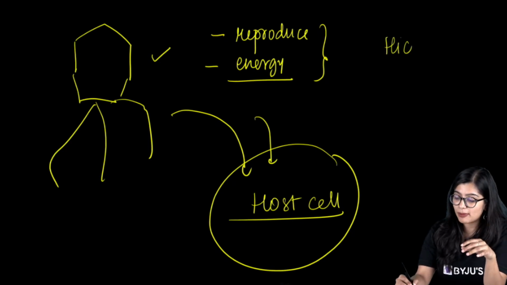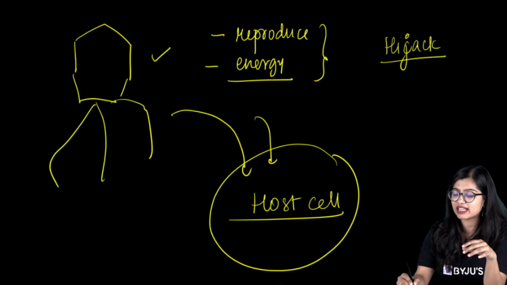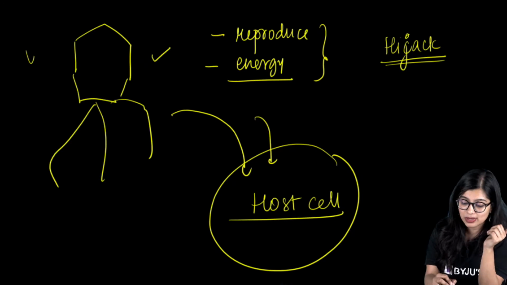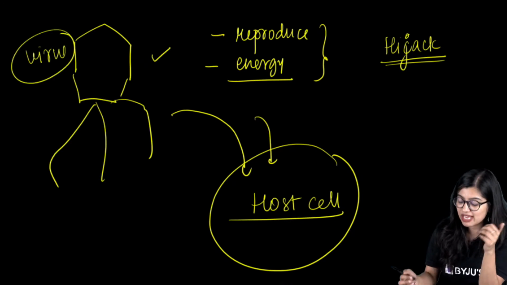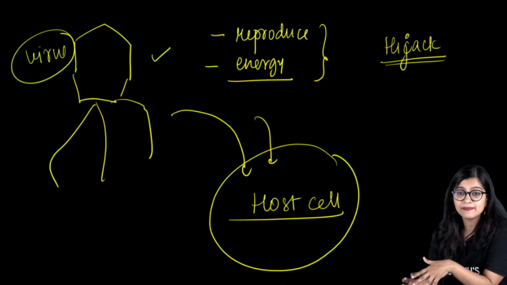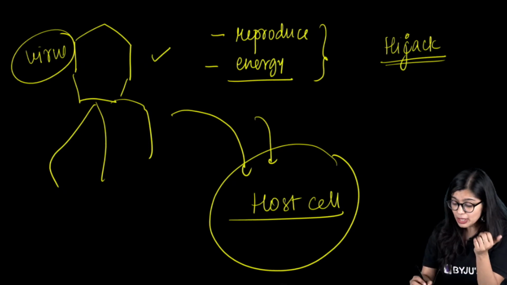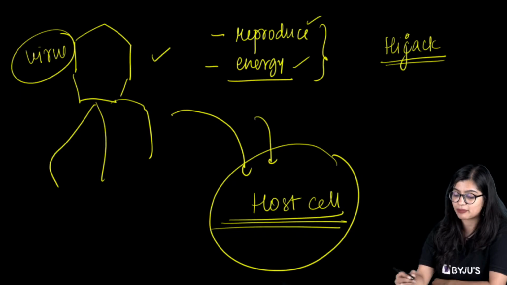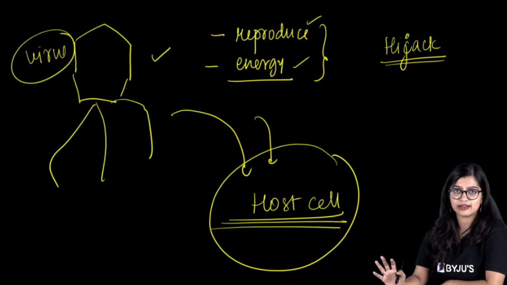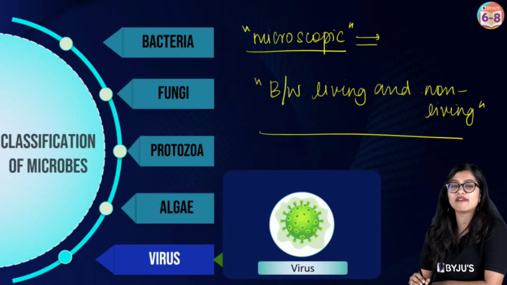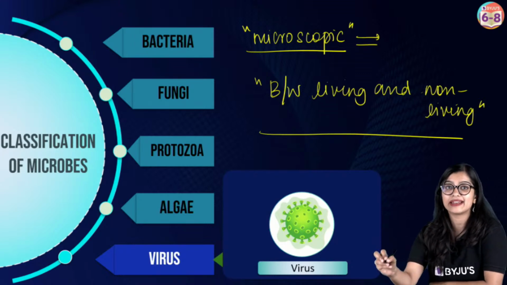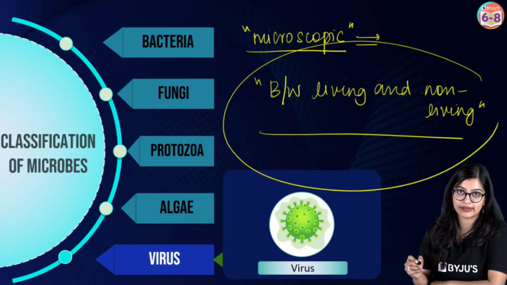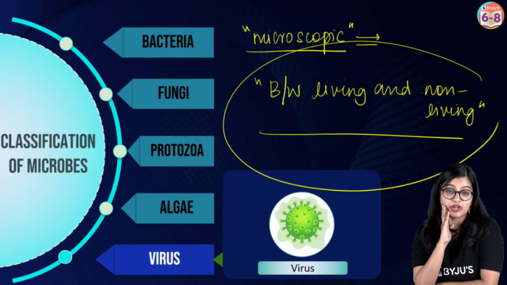Just like if a robber comes into our house, he will take everything and go, the virus will come into our cell and use everything there in order to reproduce and get energy. Which is why I will not call a virus a microorganism, because it is somewhere between living and non-living. But yes, a virus is microscopic.